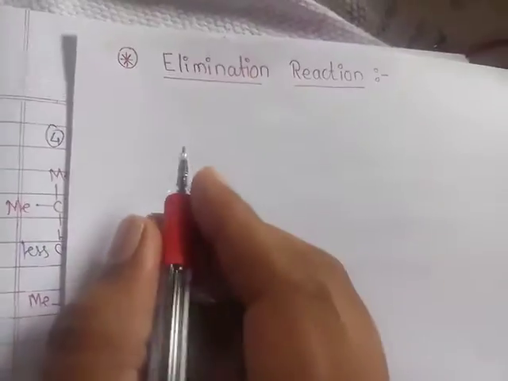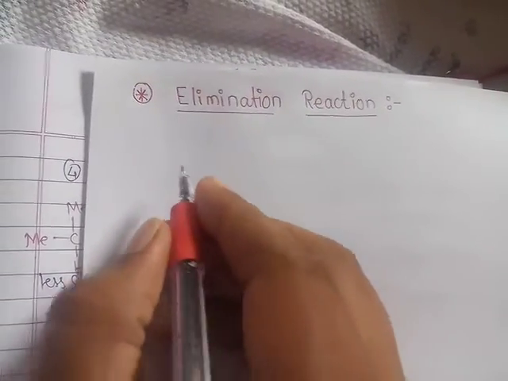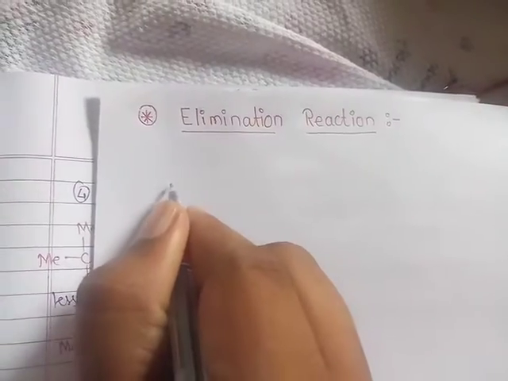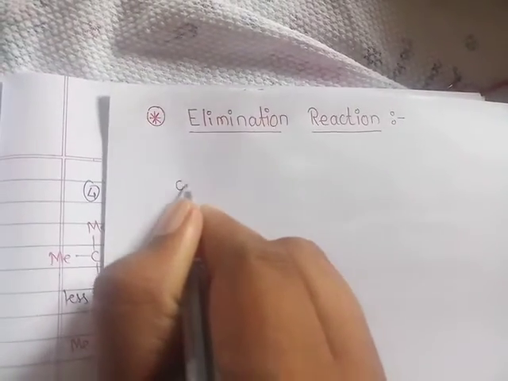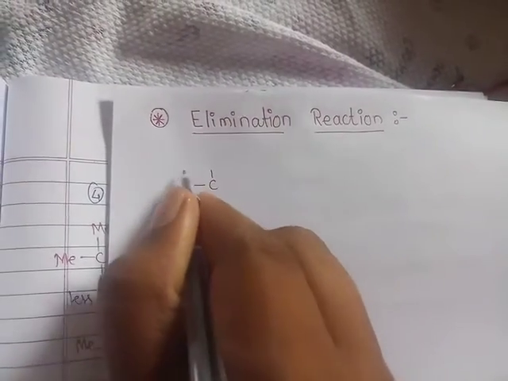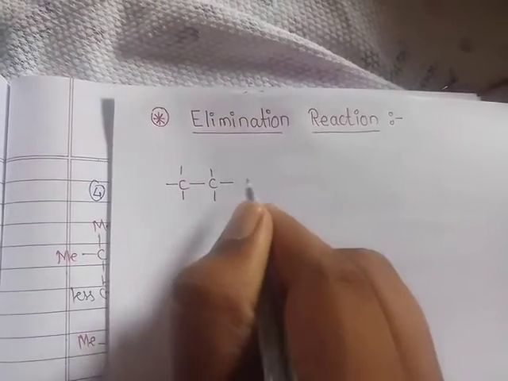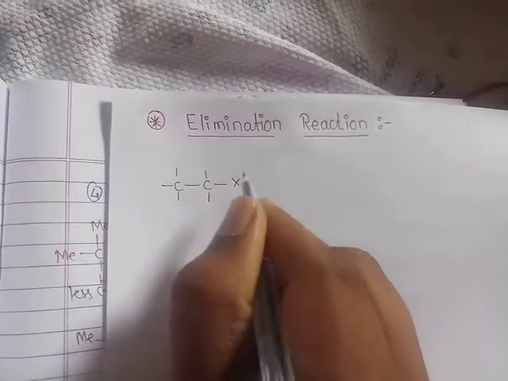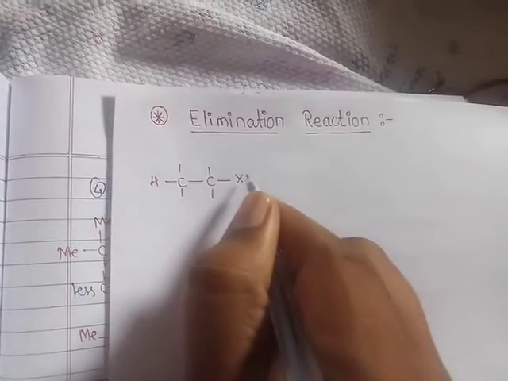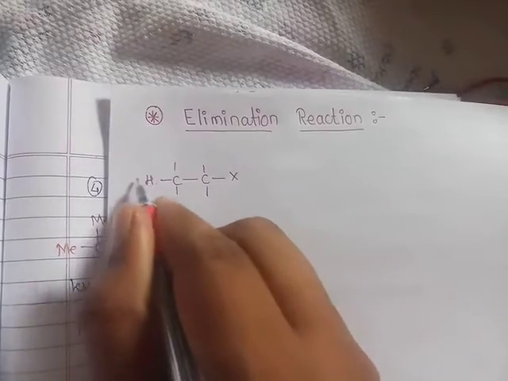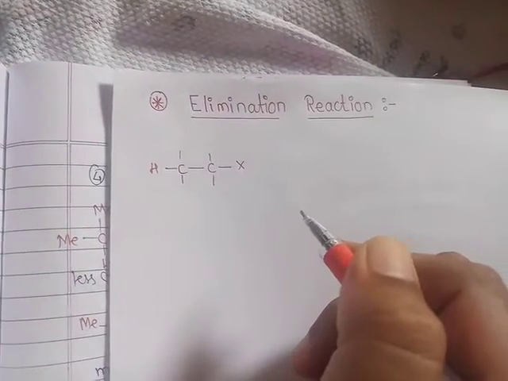For that purpose I will give you an example of elimination. See friends, here is carbon single bond carbon, and on one side there is a halogen and on the other side there is an alpha hydrogen.